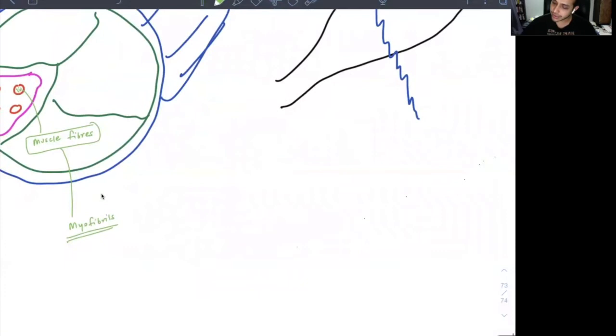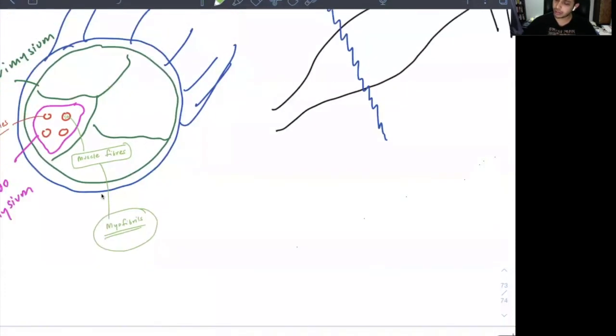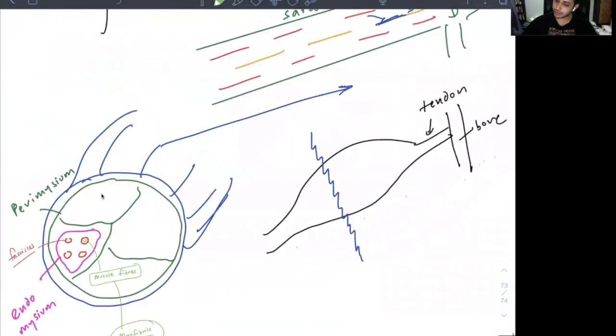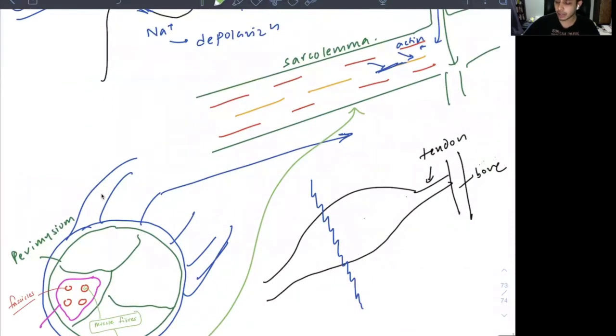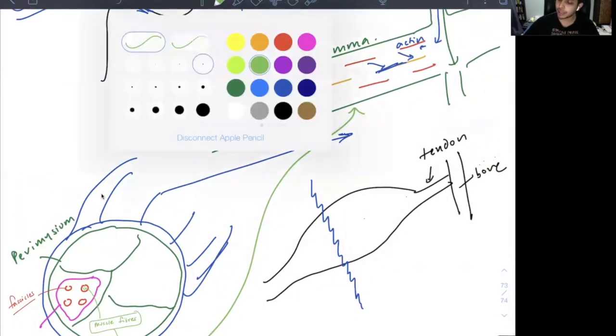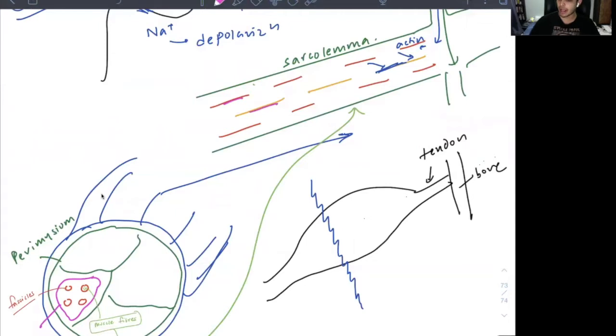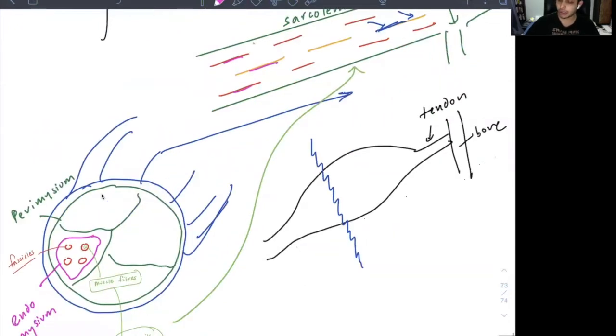And this myofibril is what we are seeing here. So each myofibril will contain sarcolemma, and the myofibrils will contain actin and myosin. And that is how the myofibrils will contract, which will cause the muscle fibers to contract, which will cause the fascicles to contract, which will cause the muscles to contract. So roughly that is how the physiology of muscle contraction is.